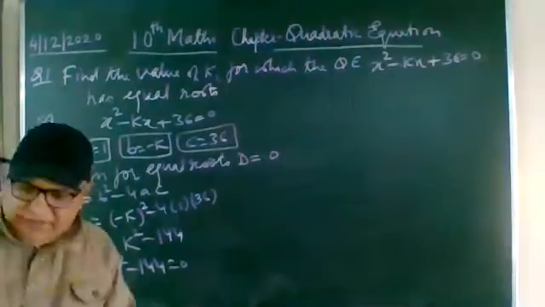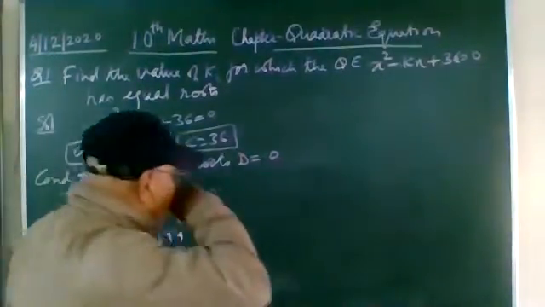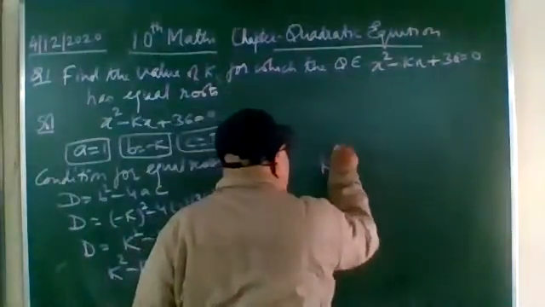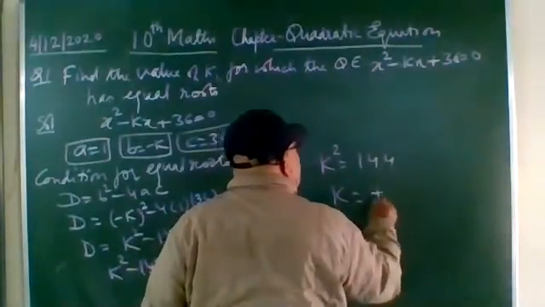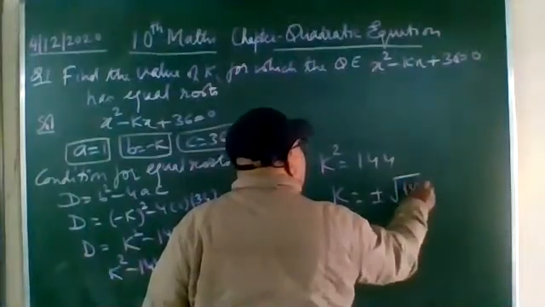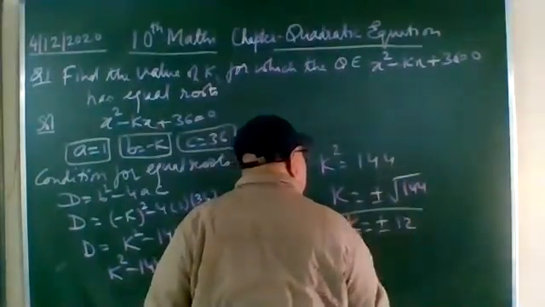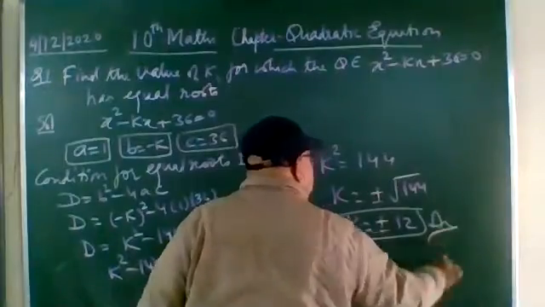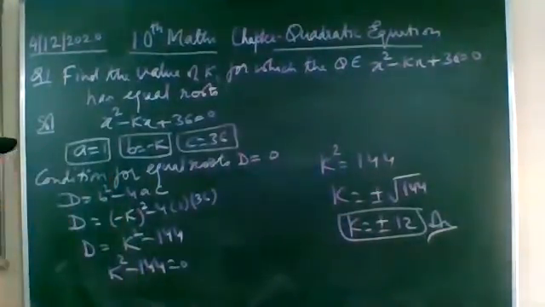Now you have to find the value of k. So k square equal to 144. K equal to plus minus under root 144. K equal to plus minus 12 is the answer. This is the way you have to do the question.